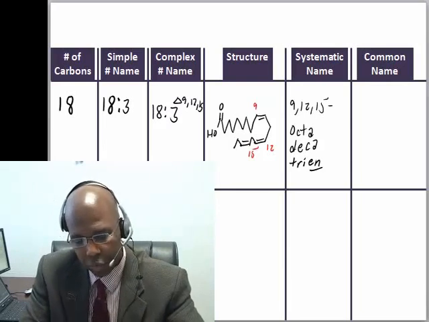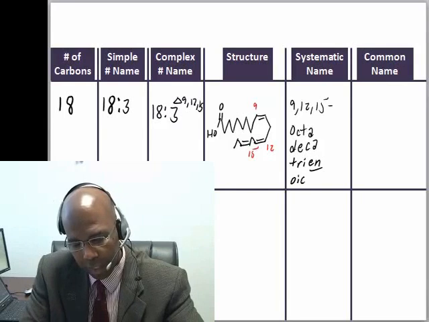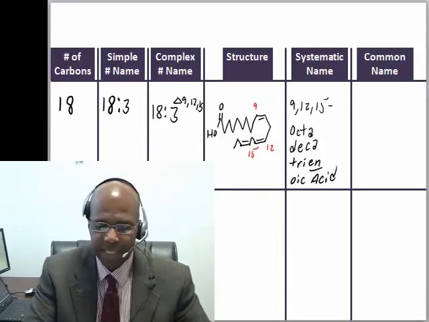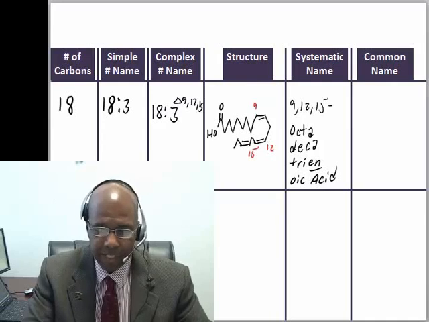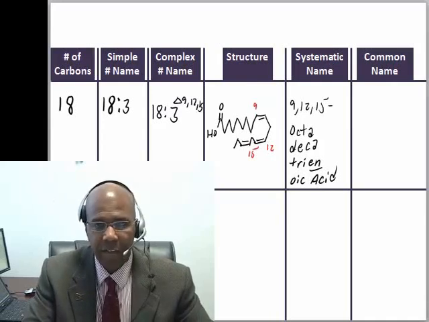There's a double bond, trienoic acid. That's the systematic name of this polyunsaturated fatty acid.